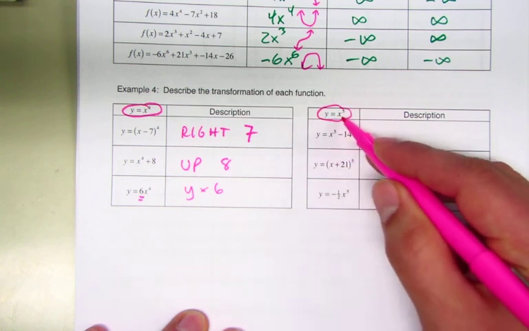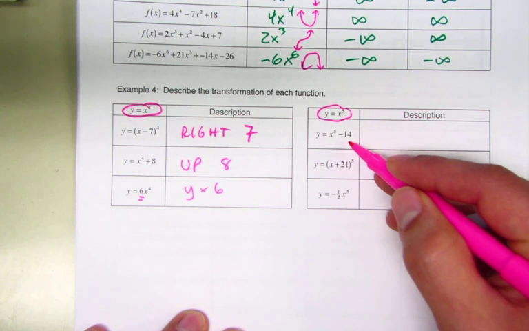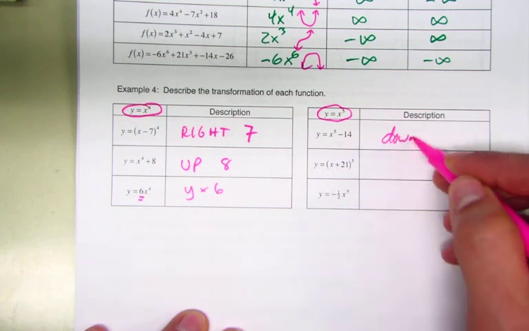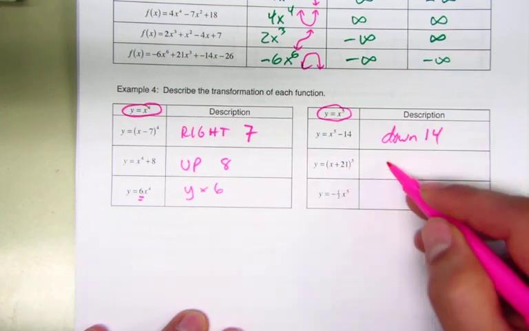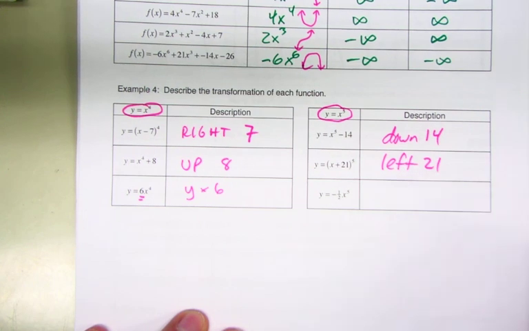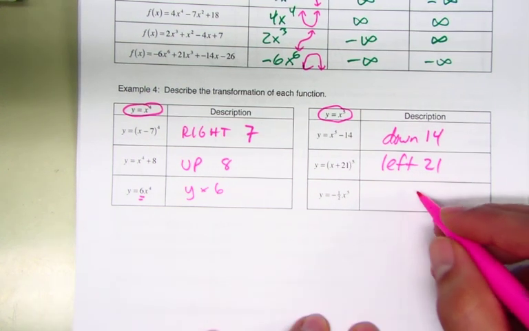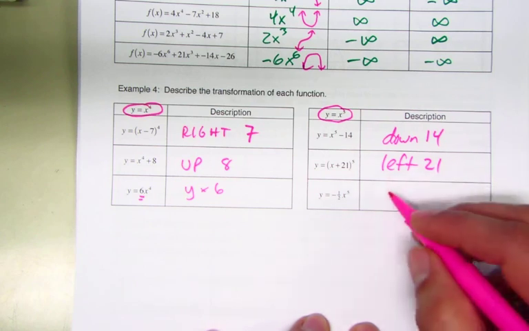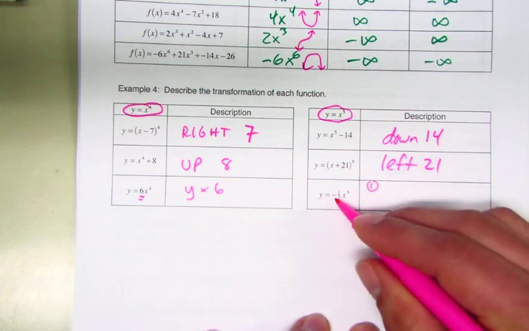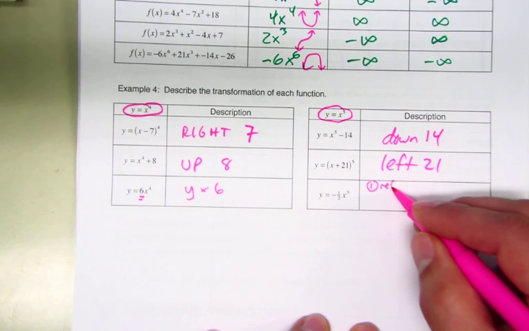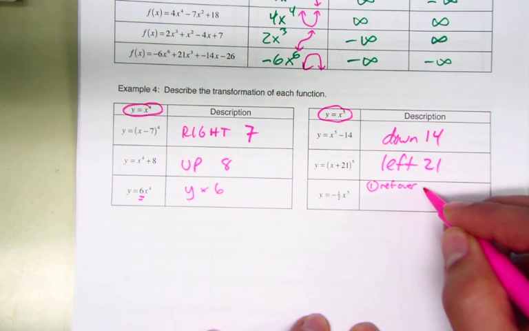Now it's to the 5th power, right? What's this do? Left 21. Okay, and now here there's a couple of options. I'm going to actually do them both, okay? One option is, since you see a negative, we would reflect over.